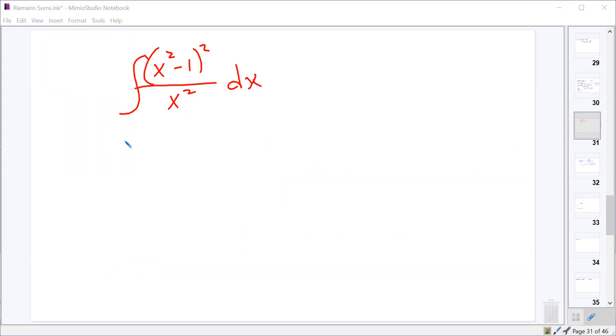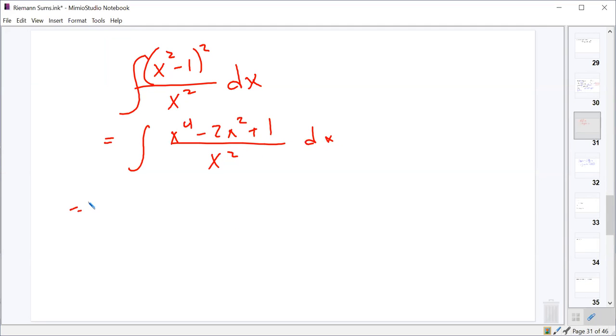So we're going to expand out the top. That becomes an integral of x to the 4th minus 2x squared plus 1 over x squared. And then what are we going to do, Alice? Yep, divide x to the 4th by x squared, 2x squared by x squared, and 1 by x squared. So we've got x squared minus 2 plus x to the -2. Everybody good with that?